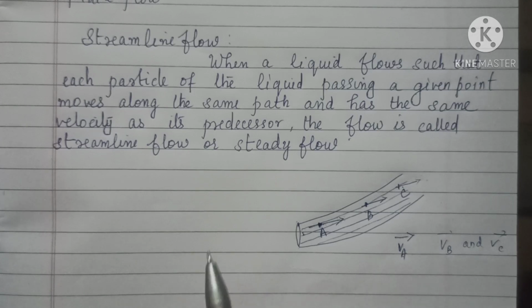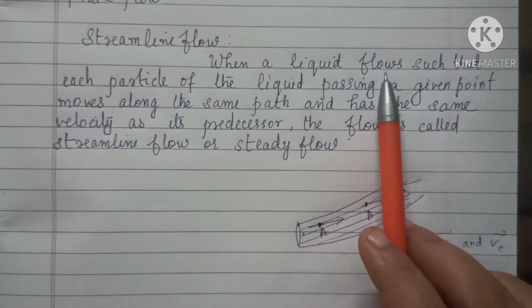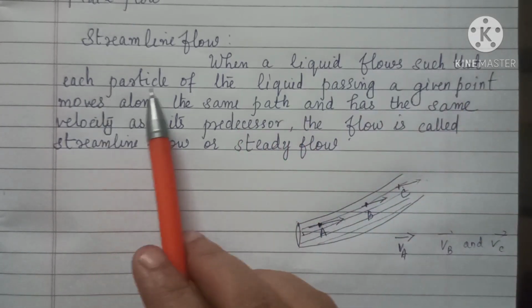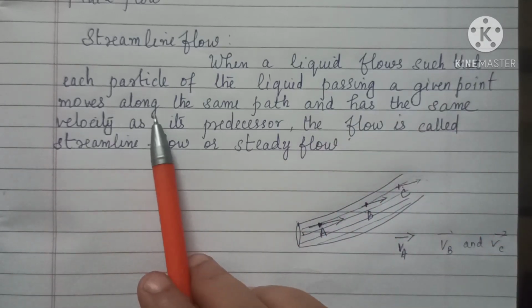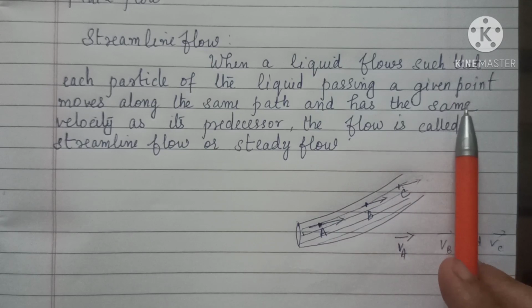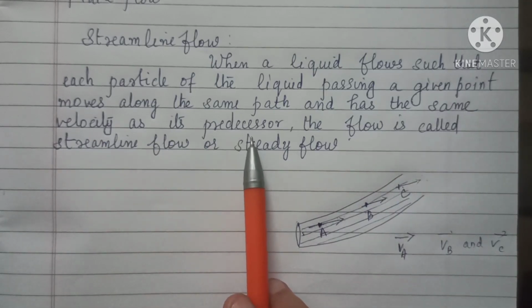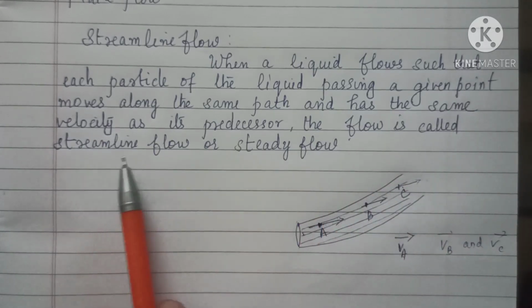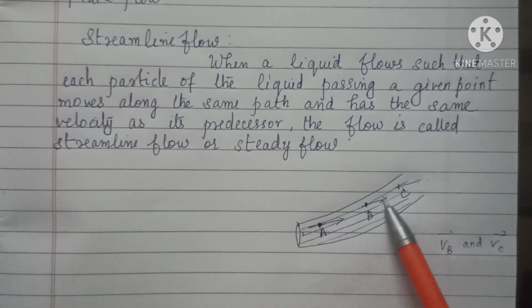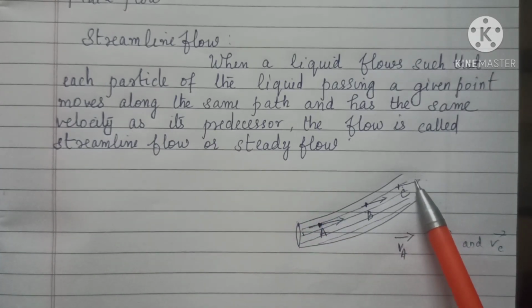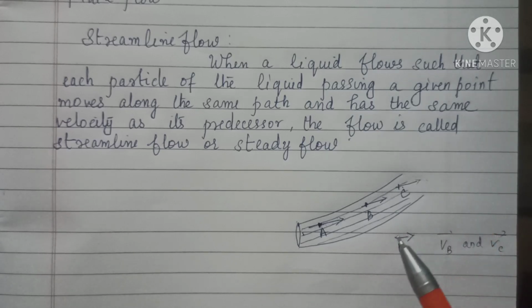Okay. Now listen to the definition. When a liquid flows such that each particle of the liquid passing a given point moves along the same path and has the same velocity as its predecessor, the flow is called streamline flow or steady flow. And here the path A, B, C along which the particles move one after another is called what? A streamline.